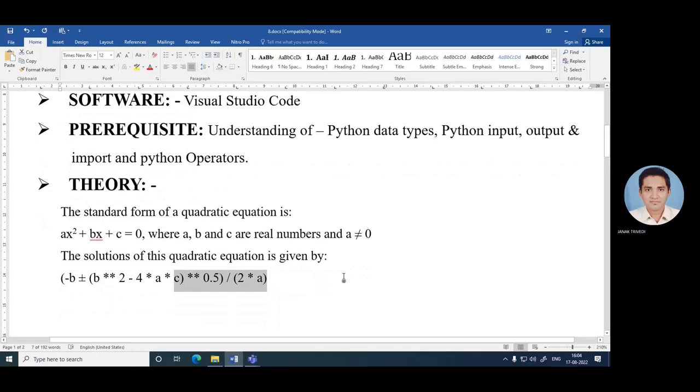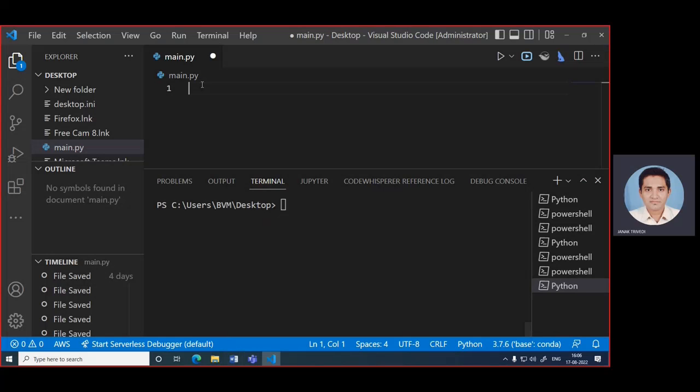So let's try to solve this particular equation with the help of Visual Studio Code. We have to solve the quadratic equation ax² plus bx plus c equal to 0.